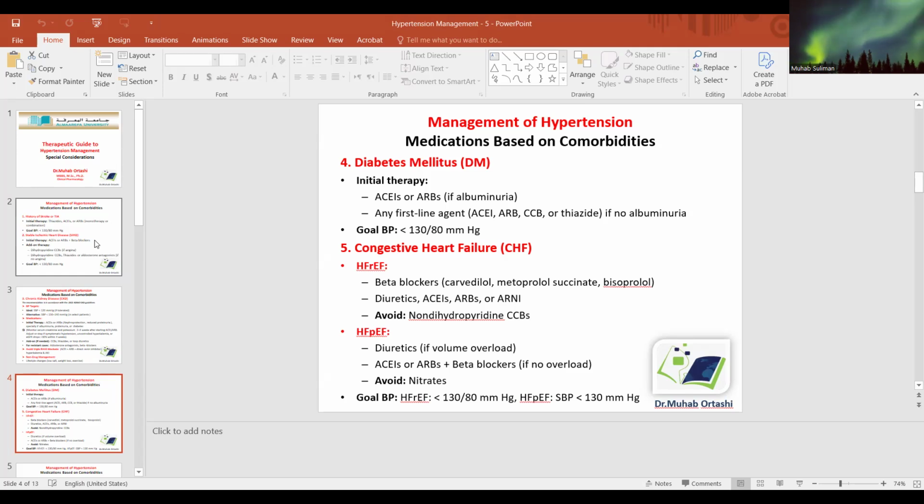In this patient with reduced ejection fraction, we avoid the use of non-dihydropyridine calcium channel blockers, which affect the heart mainly, decrease the heart rate and decrease the contractility.